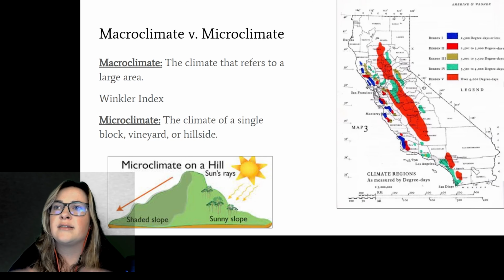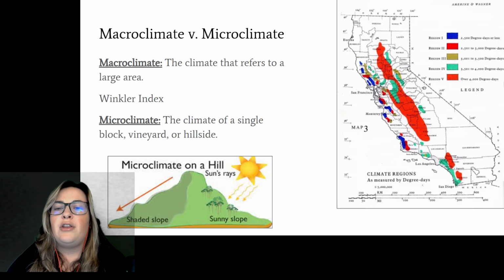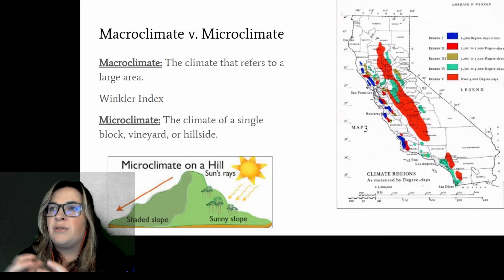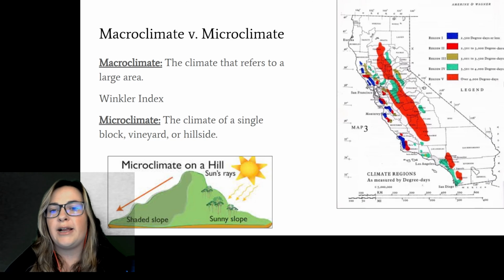Our Winkler index is a much larger index of the climate of a region, like region 5 versus region 1, etc. Those are very broad distinctions of a region, but we know that there are microclimates within that, and then even smaller climates within those microclimates. So a lot of complexity. It's not just black or white.